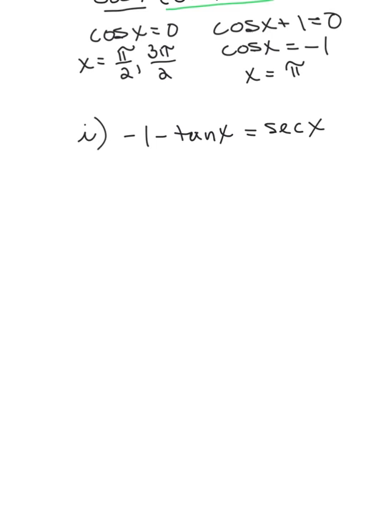But when I look at my Pythagorean identities, tangent and secant do appear in the same Pythagorean identity. So in order to create that Pythagorean identity, I'm going to square both sides of this equation.